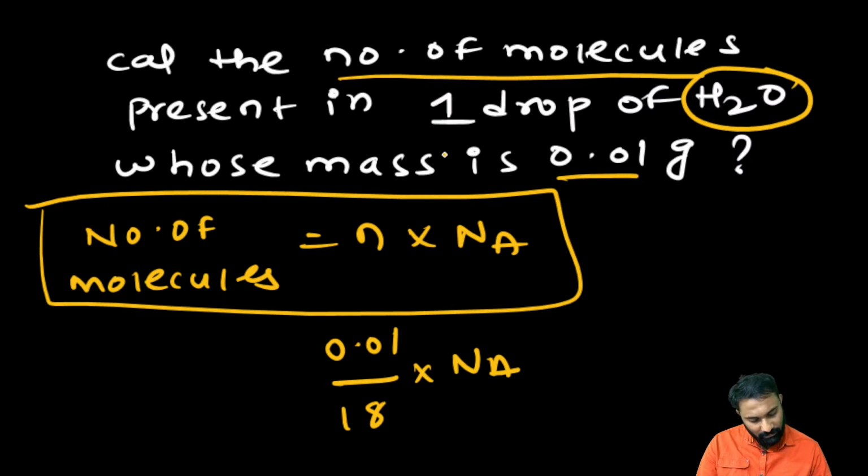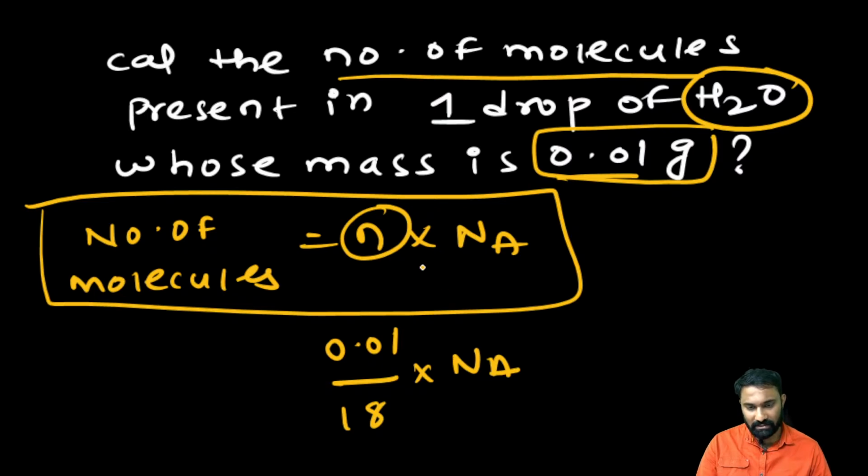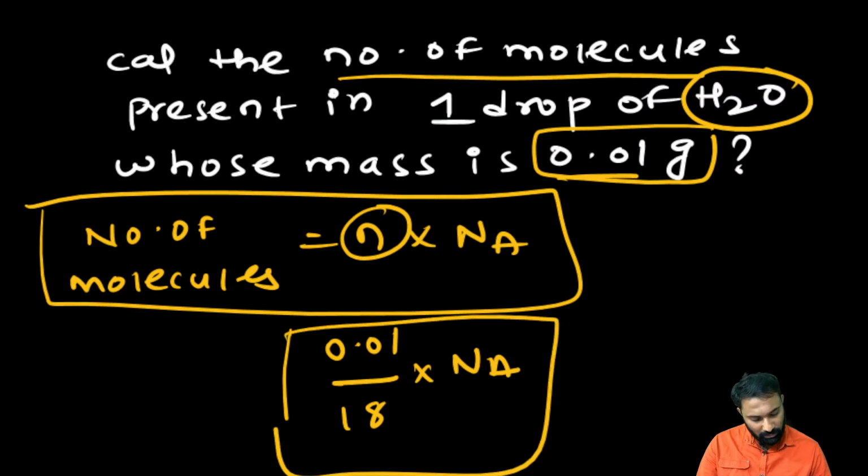Number of moles: the mass given is 0.01 gram, and the molecular weight of H2O is 18. So it is 0.01 by 18 into Na. That's it. Simple.